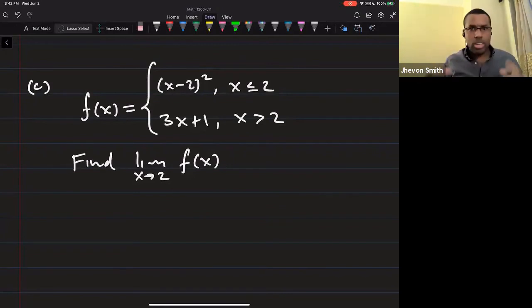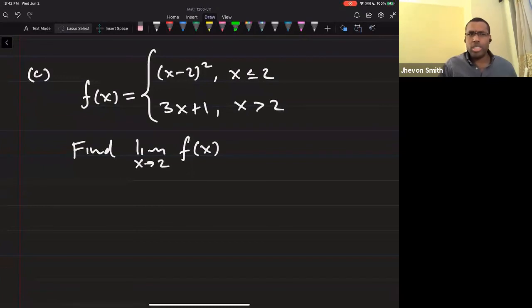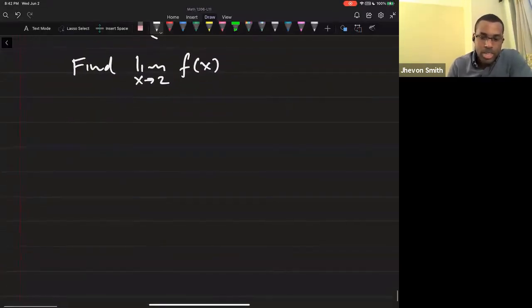You can actually do calculations and figure it out. But until then, I want to make sure that you understand what it is that I'm doing. You're not exactly plugging in, even though there are some situations in which it might seem like that's what you're doing, but you're not. I want you to get that. The limit does not care about being at the point. It only cares about getting close to the point. And that's the point.